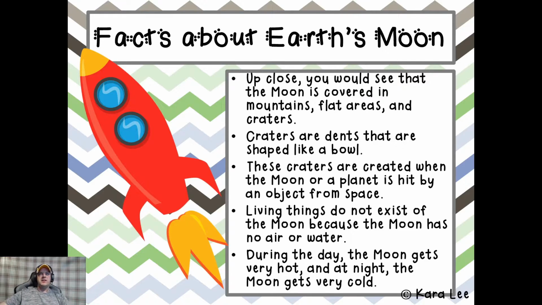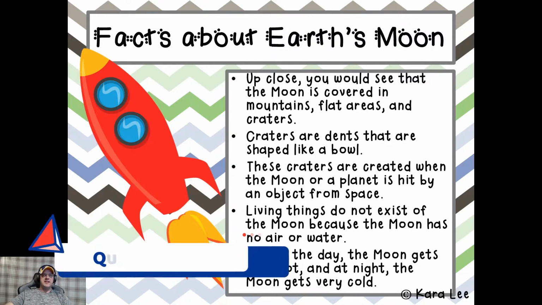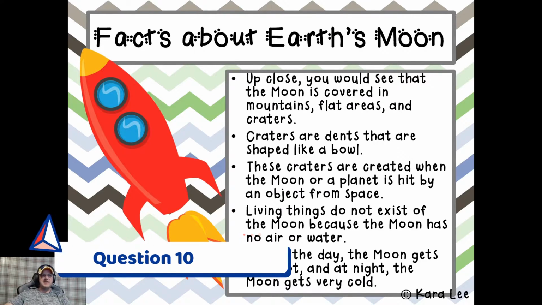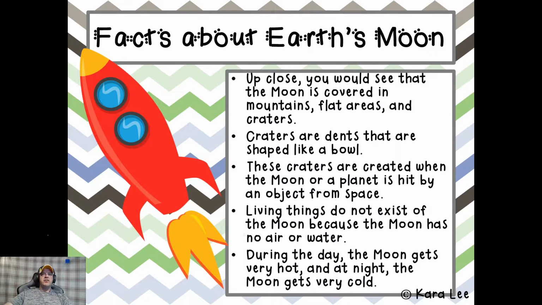Up close, you would see that the moon is covered in mountains and flat areas and also craters. Craters are the dents in the moon, where it looks like somebody threw a ball down in the dirt and it makes a nice little cone shape. And it looks like the inside of a bowl. And that's from it being impacted by asteroids or meteors or meteorites slamming into the moon's surface.